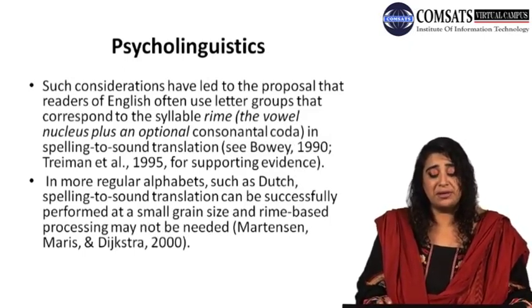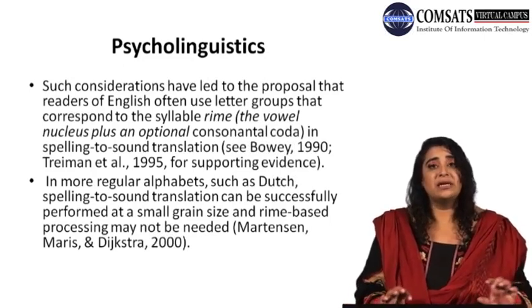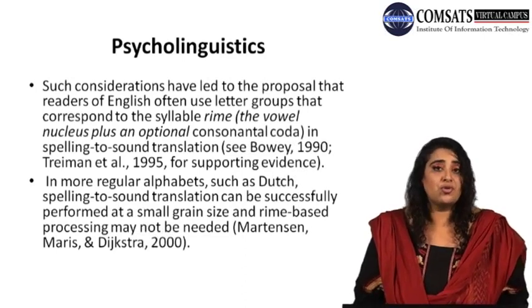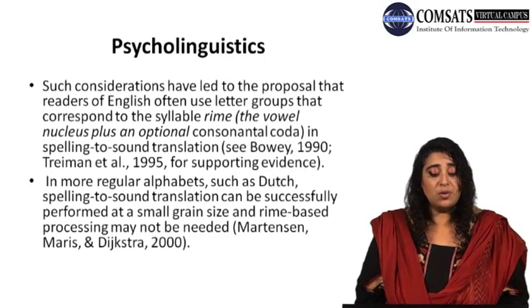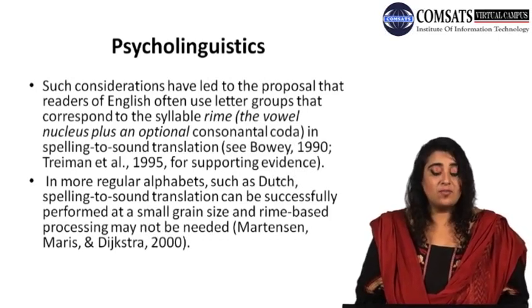You can see Bowey 1990 and Treiman in 1995 for supporting evidence. In more regular alphabets such as Dutch, spelling to sound translation can be successfully performed at a small grain size, and rhyme-based processing may not be needed.